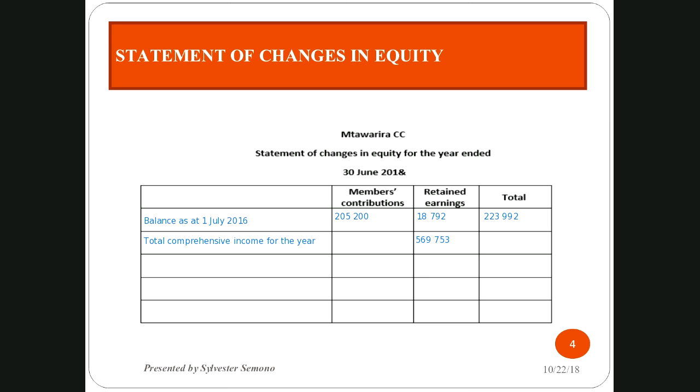Now, after recording the total comprehensive income for the year, we need to go and check, do we have any distribution to members? And remember, we did have a balance, but at the same time, we had an additional contribution.